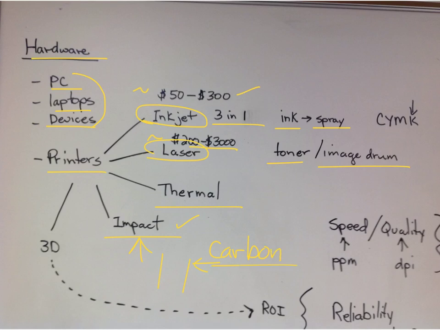So it makes a duplicate of what you're printing. And we talked about 3D printers a little bit. Here we talked about the different colors that can make up the image. You can have 3 different colors and then some color key.